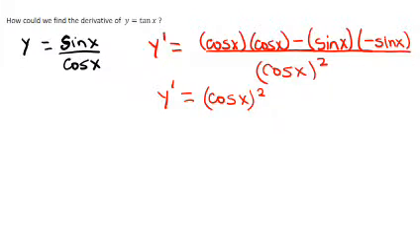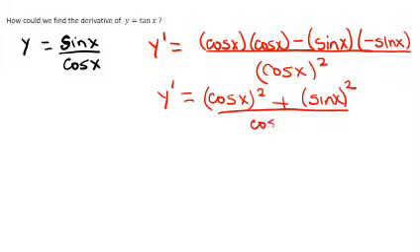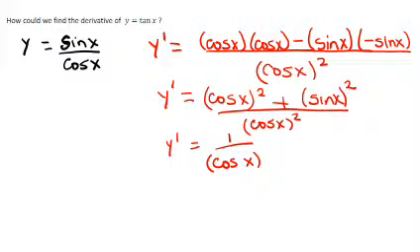Then the negative times the negative, all these are multiplied, so I'm fine to multiply this negative by the negative in there. That makes me positive sine x squared, all over cosine x squared. Then I remember, because I just reviewed it, that cosine squared plus sine squared is just 1 over cosine x squared.